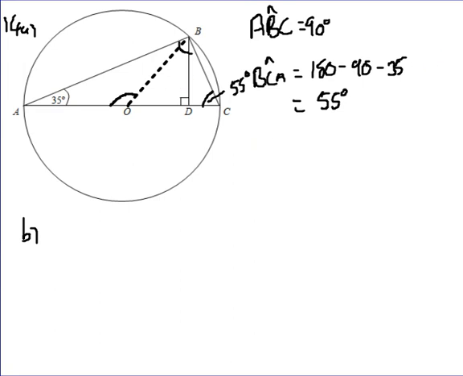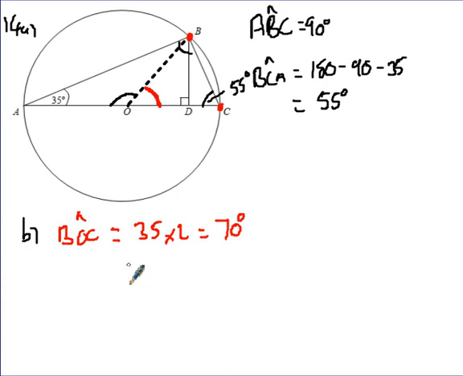Well, couldn't you say what this angle here is? Because you've actually got that point there and that point there. Angle to the centre, angle to the outside. So BOC is double, the angle to the centre is double the angle to the outside. So it's 35 times 2, which is 70 degrees.